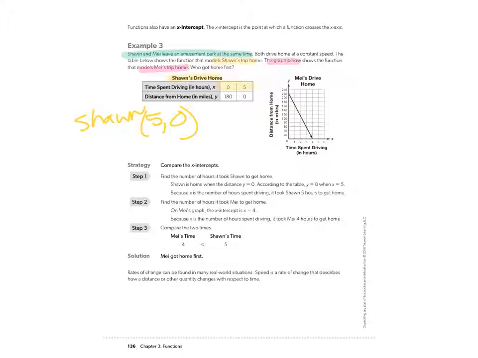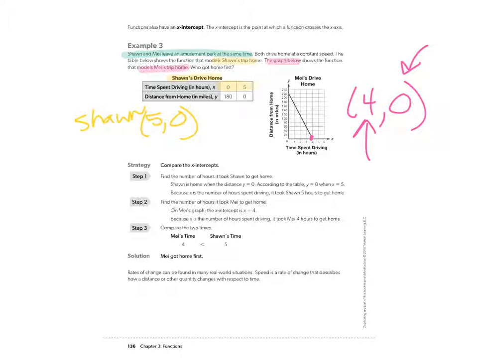Then let's look over here at May's graph. When y is 0, x is 4, and that's right there on the graph. So it looks like May, when she has 0 miles left to go, has only traveled 4 hours, so her time is 4.